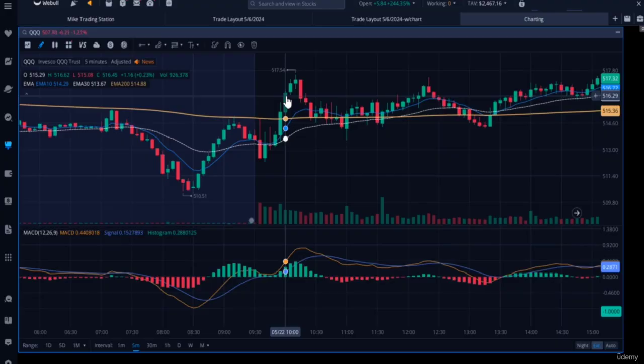Because now it has two choices: to continue giving you more gains while you continue moving the stop loss up, or you get stopped out with your green. In this case, this would have been an easy trade. It's going in our favor. We continue to hold, and if you don't get stopped out, just keep holding until you get stopped out.